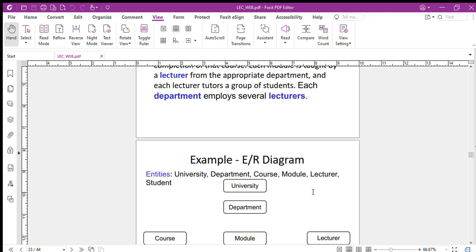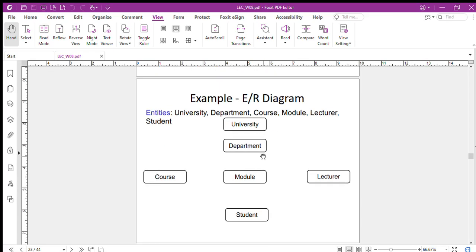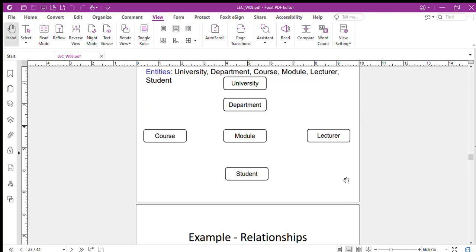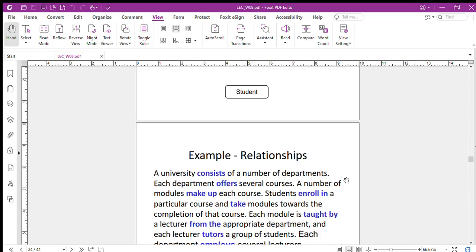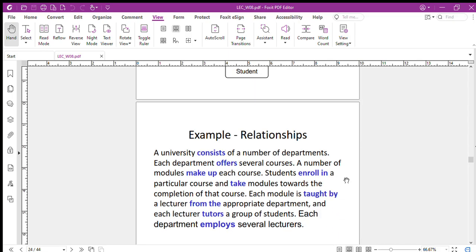So these nouns are going to be placed in our ERD in such a format, so that we have placed these entities in rectangular boxes with rounded edges. So now we're going to highlight the verbs or the action words that exist in our requirement.